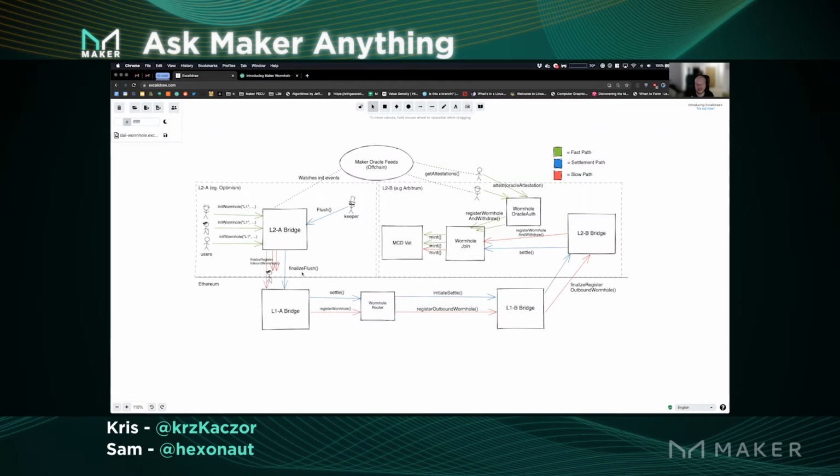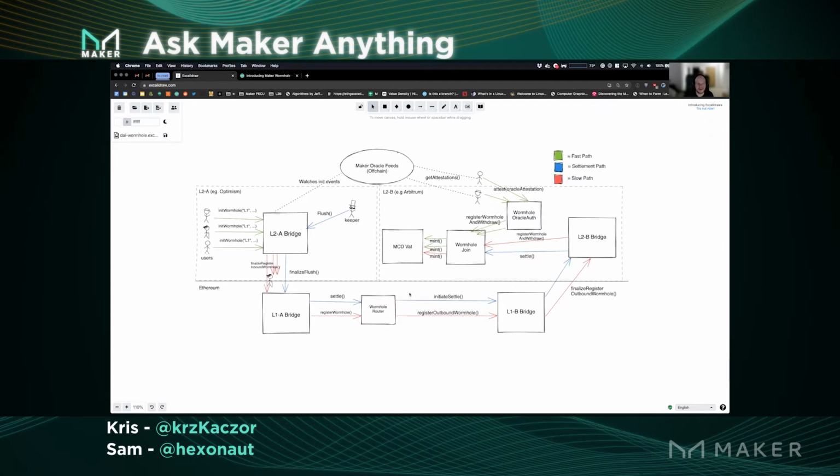And this is where we get scaling benefits. On layer 1, we're just going to have one transaction per day or even per few days, which is awesome from a scaling perspective. So this is more or less how layer 2 to layer 2 wormhole works.